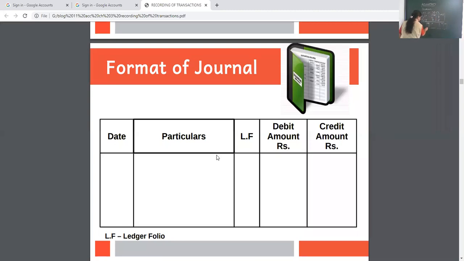This is the format of the journal: date, particulars, LF, debit, credit. You can copy it from the screen.